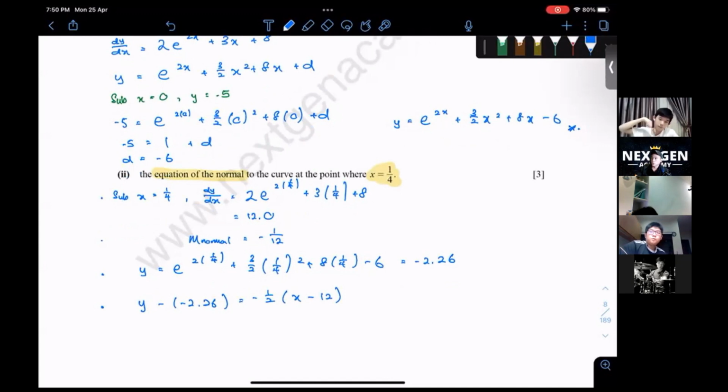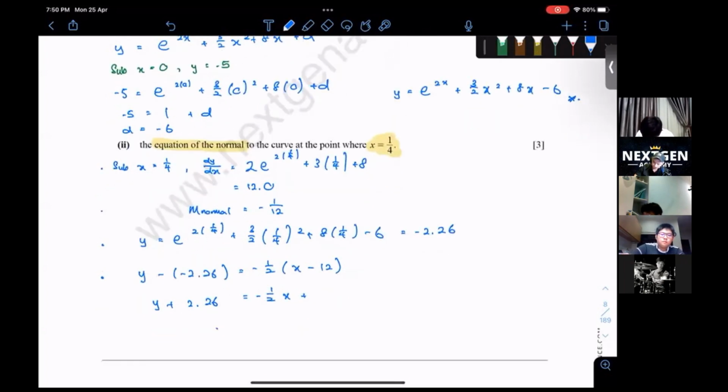So you can just simplify it like this. This one will be, what's your final equation? Y equals to negative 1/12x minus 2687 over 1200.